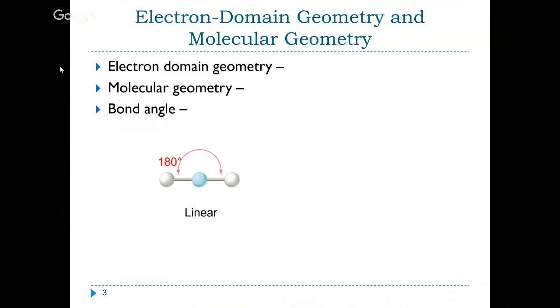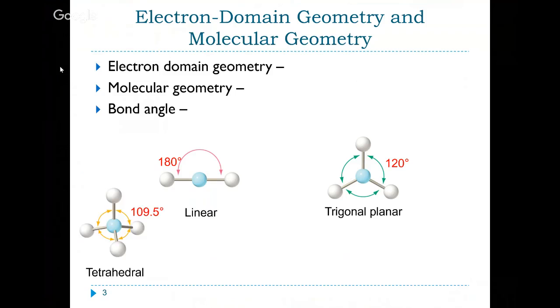Then we can look at bond angles, which is the angle between bonded atoms off of the central atom. If you have a linear shaped molecule, the bond angle is 180, and linear is 2 electron domains. Trigonal planar would be 120 degrees. Tetrahedral, you have a bond angle of 109.5.